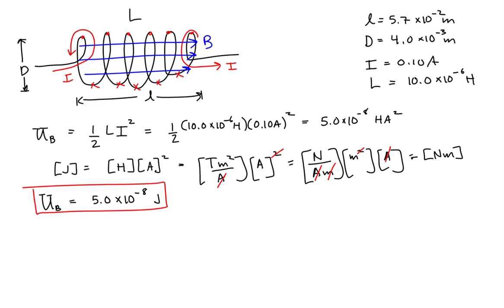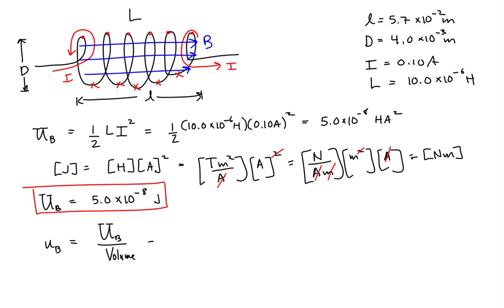Now we have to find the energy density of the magnetic field within the inductor. Remember, energy density, we'll use a lowercase u, is equal to the potential energy per unit volume. Now, previously, we derived an expression for energy density in terms of the square of the magnetic field and the permeability of free space.